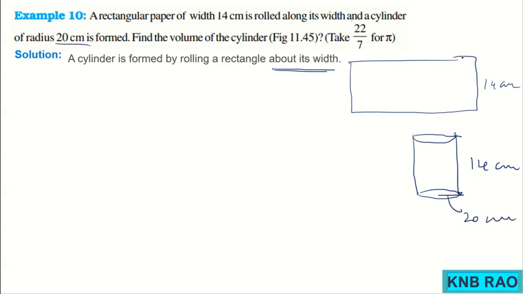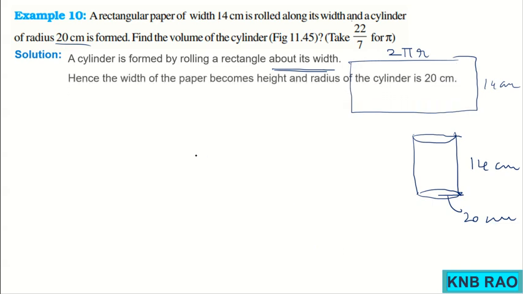That means the length of it is 2 pi r. Why 2 pi r? It is because the circumference of the cylinder with the 20 centimeter radius is formed from this length only. So, the width of the paper becomes height and the radius of the cylinder is 20 centimeter, and here I am giving the figures that I have drawn.